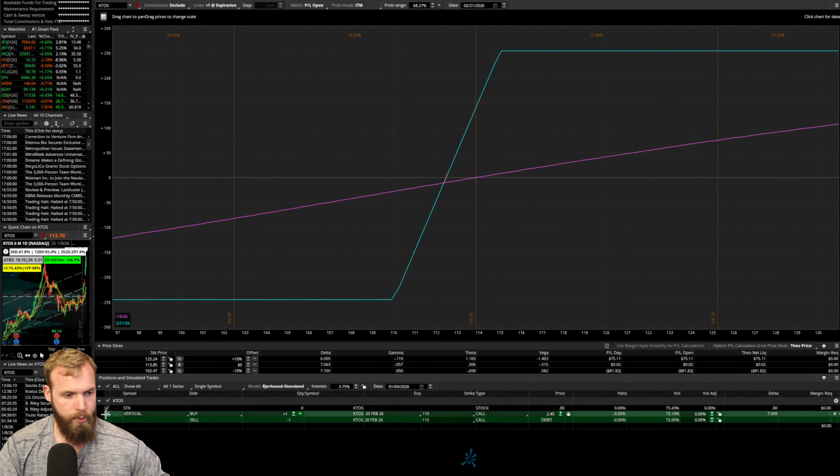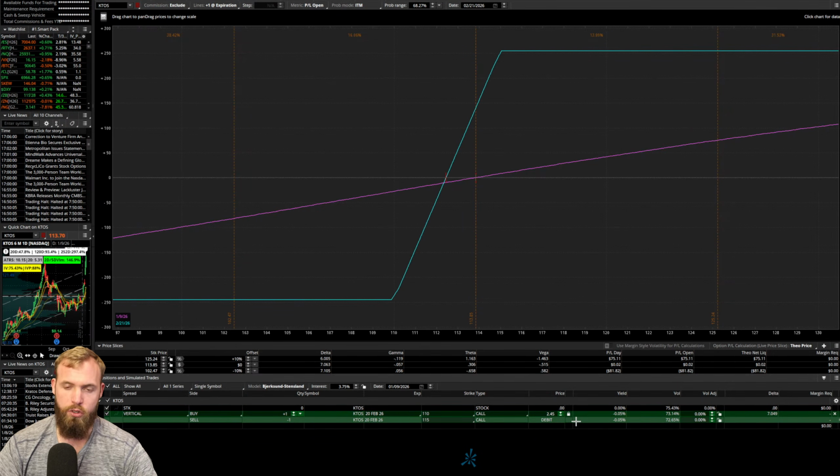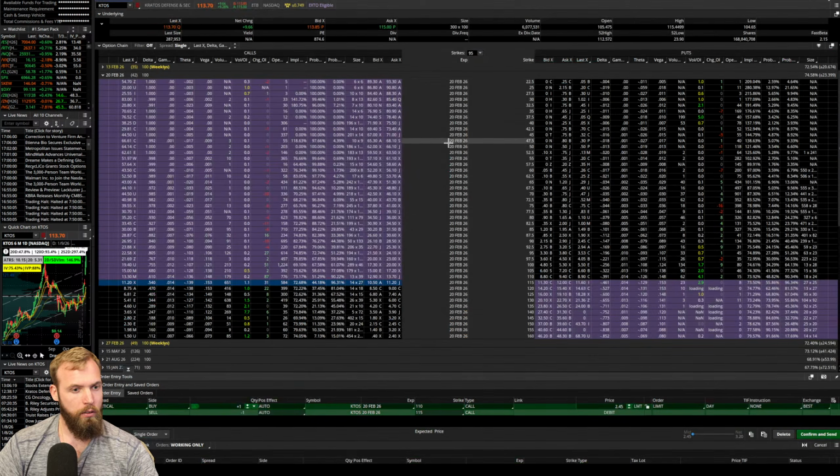So we'll buy a debit spread in KTOS where effectively this is like a 1-to-1. We're risking 1 to make 1, just about. We're paying 245. The issue as you build this kind of portfolio is think about what happens. If you lose one, it's going to unwind a great many of the winners.